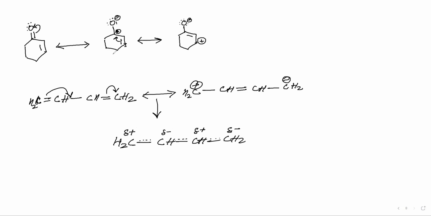If you draw the intermediate structure, you will get this as the resonance hybrid structure. Done writing this one? Okay, fine.